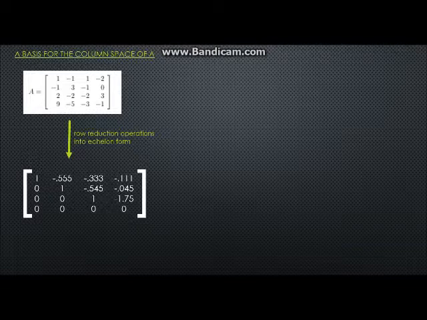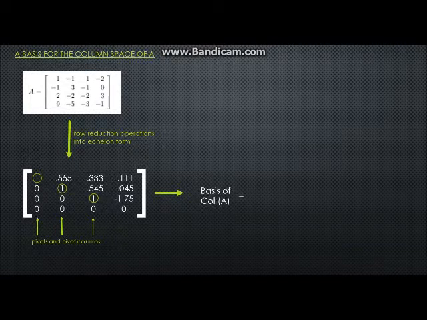So you'll notice here that we have a stair step of ones with zeros under them. These ones are called pivots, and the columns which these ones are in are called pivot columns. We're going to go ahead and take these columns 1, 2, and 3, and go back to our original matrix to find our basis.